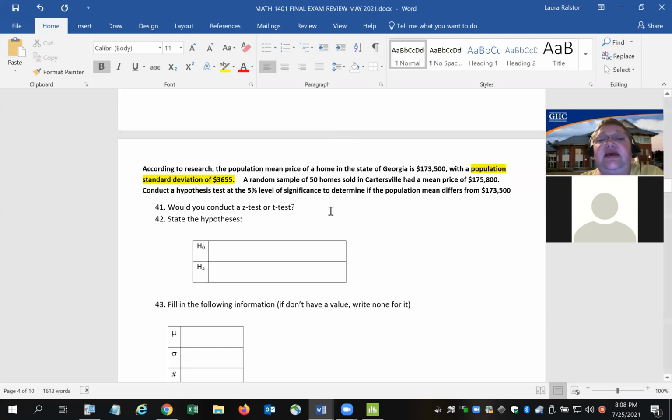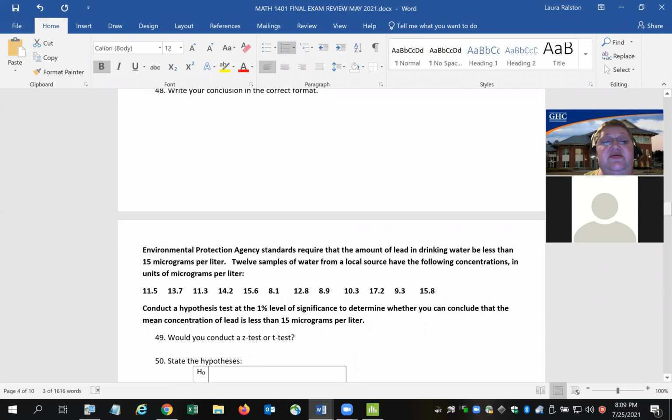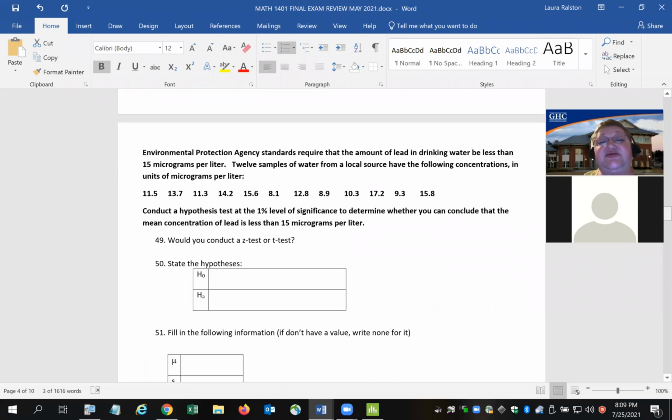So again, that's going to be a 1 mean Z test, because you know the population standard deviation. Okay, then we go to the next one.